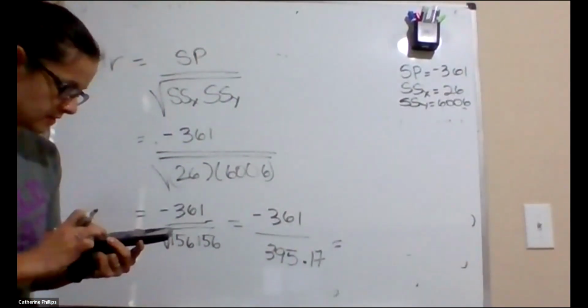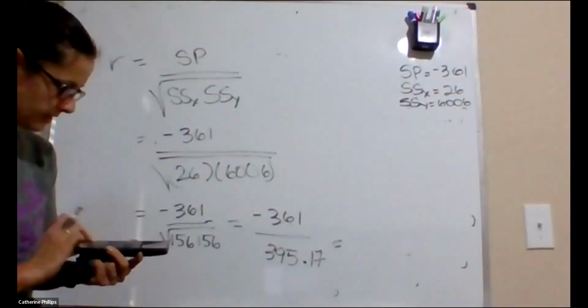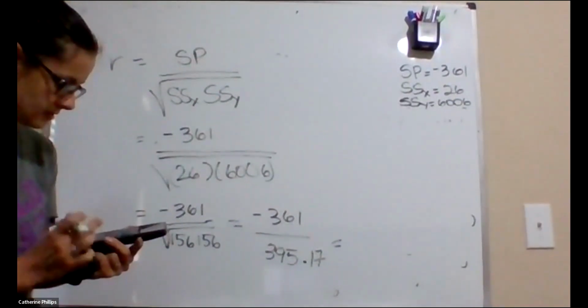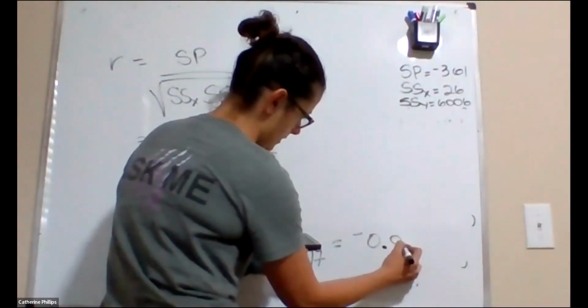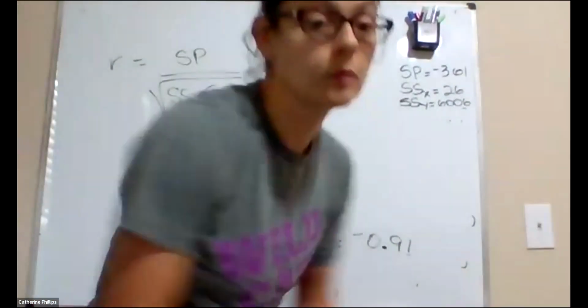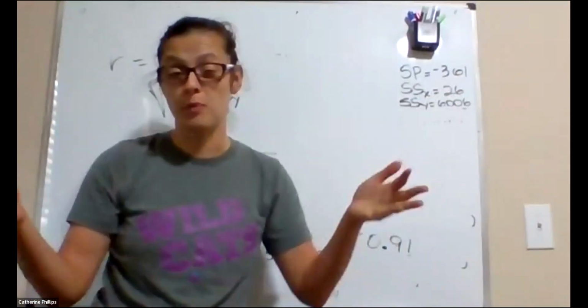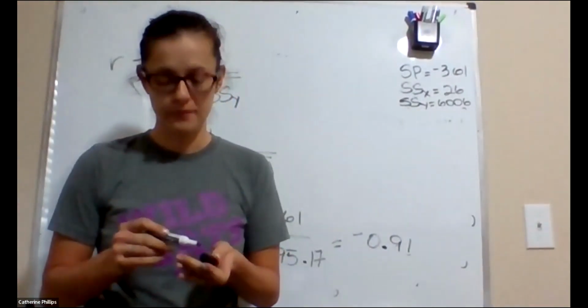Negative 361 divided by 395.17 is negative 0.91. Your correlations are always going to be between -1 and +1. If you get something outside of that, you've done something wrong.